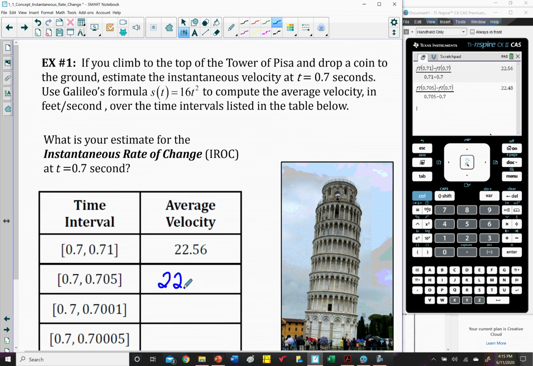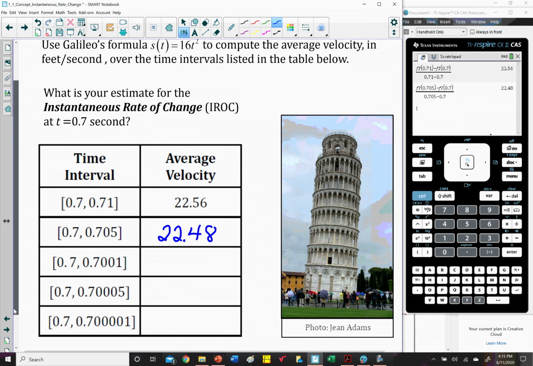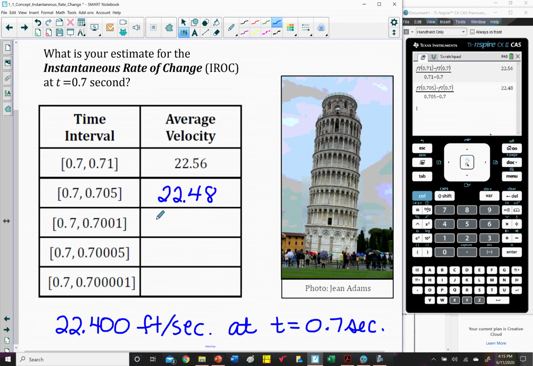So you can stop the video and calculate the other values and then come back to see if you have the same answers I have.